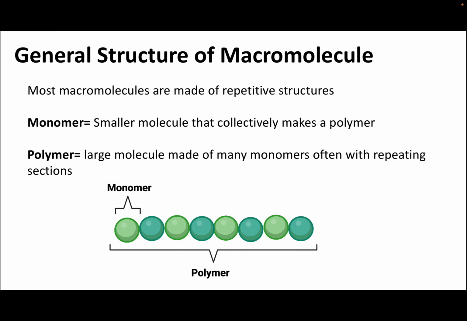The smaller units that are bound together are called monomers, and then the larger entity that they end up producing are called polymers. Now, the monomers themselves can be molecules of a variety of atoms, and they're not necessarily all identical, but they have a similar base structure.